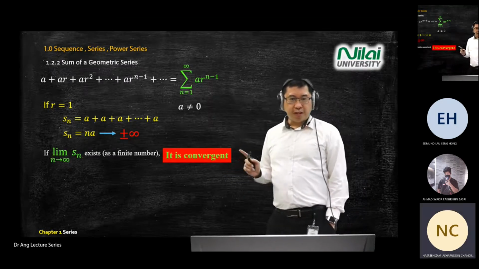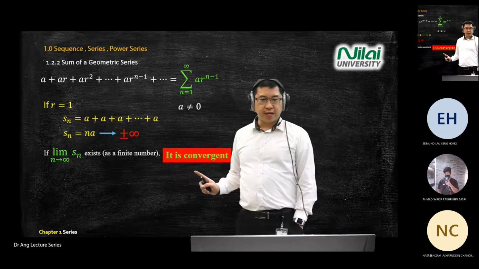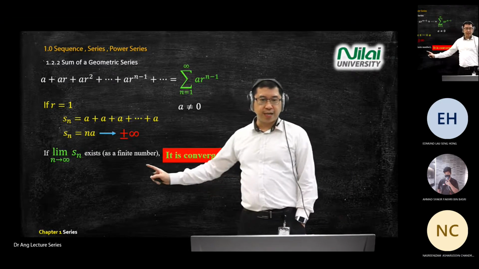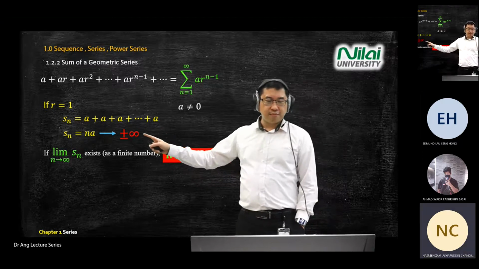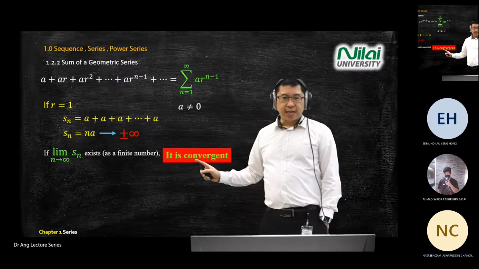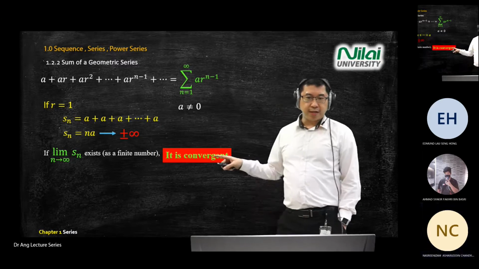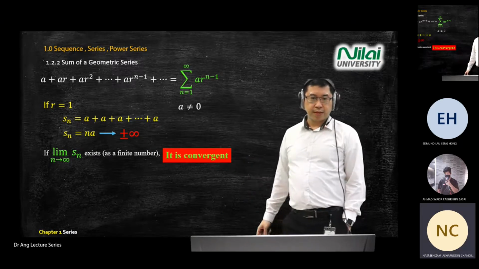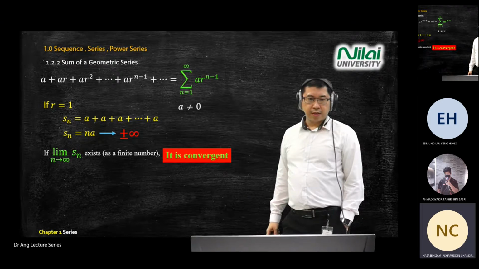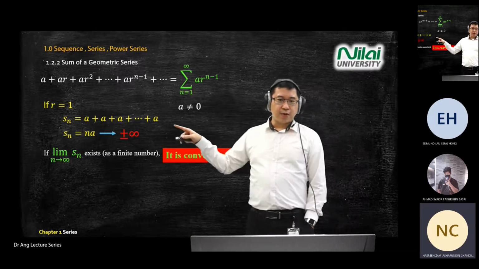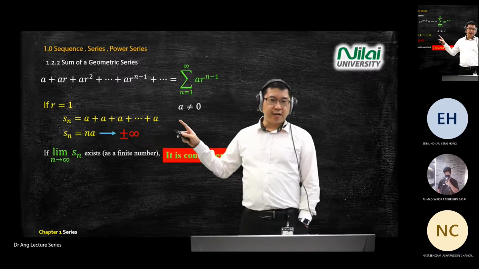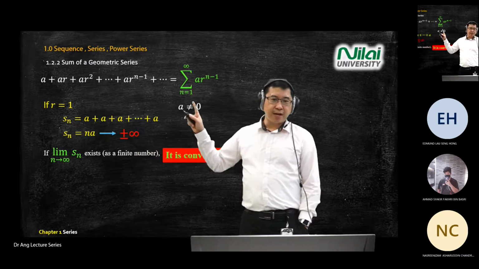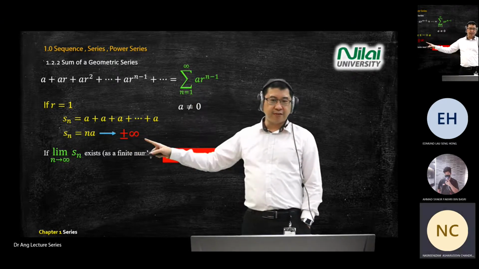So this one I already explained, okay? You already know when you have a finite number, meaning you get one solid number here, then it's convergent. If you put a limitation, then it will converge, right? Which one? The NA. Yes, the NA. If you put the limitation, you count from 1 to infinity, you'll get infinity.